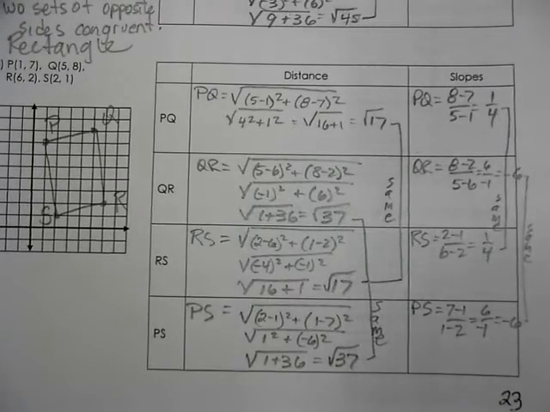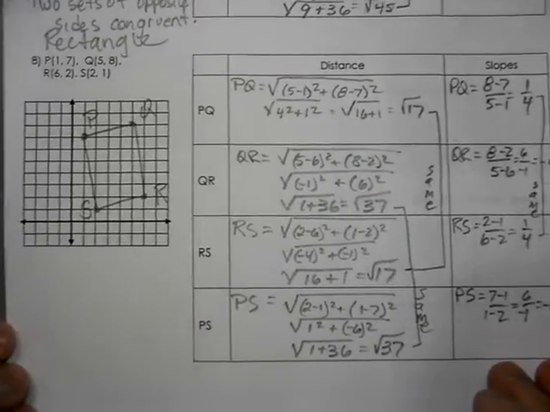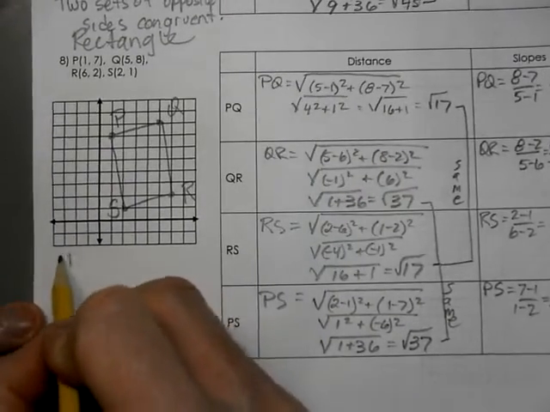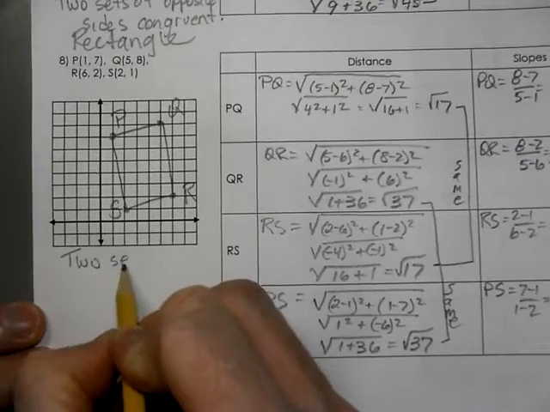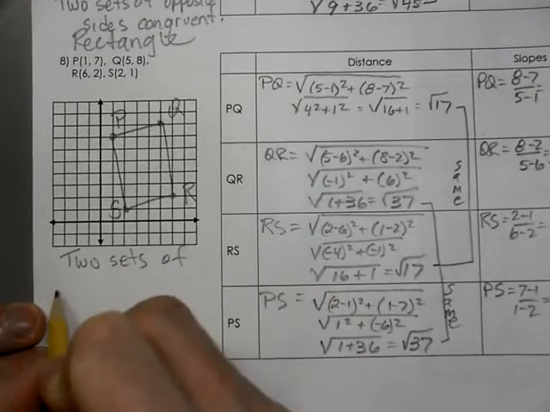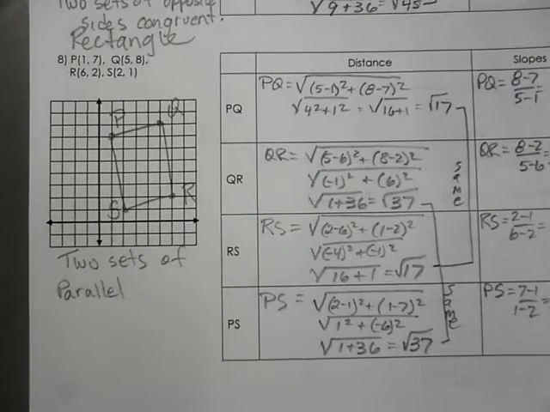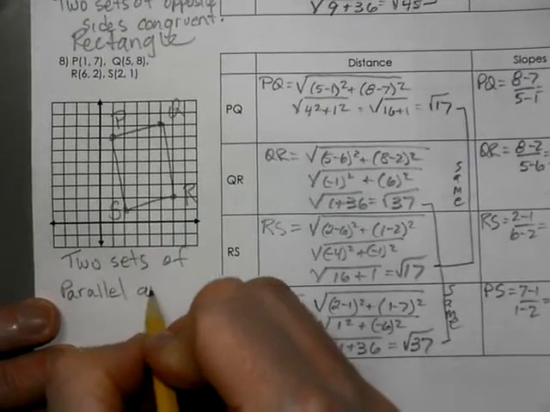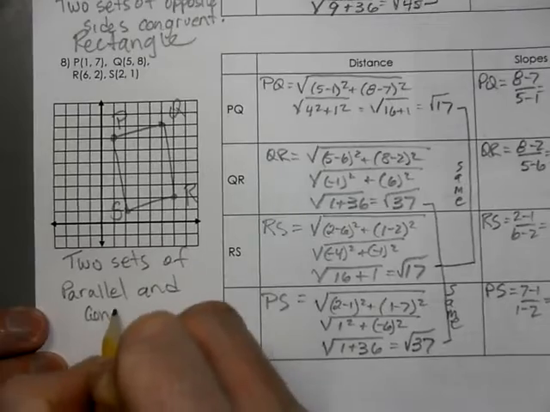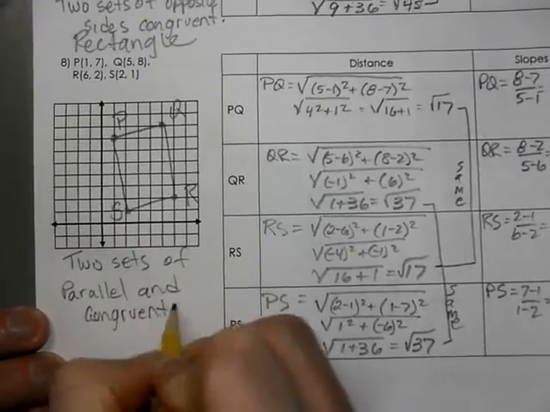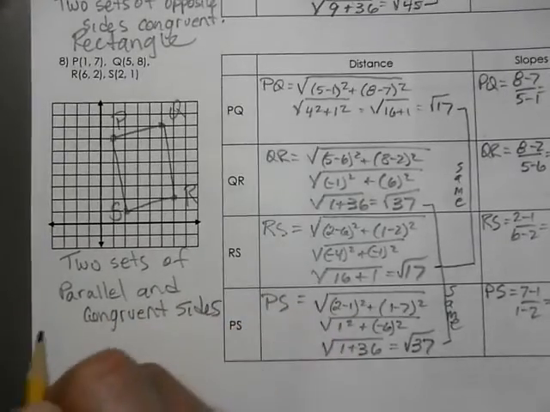So what shape do we have? We know we have two sets of parallel sides. They're two sets of parallel and congruent sides, but that's all we've got.